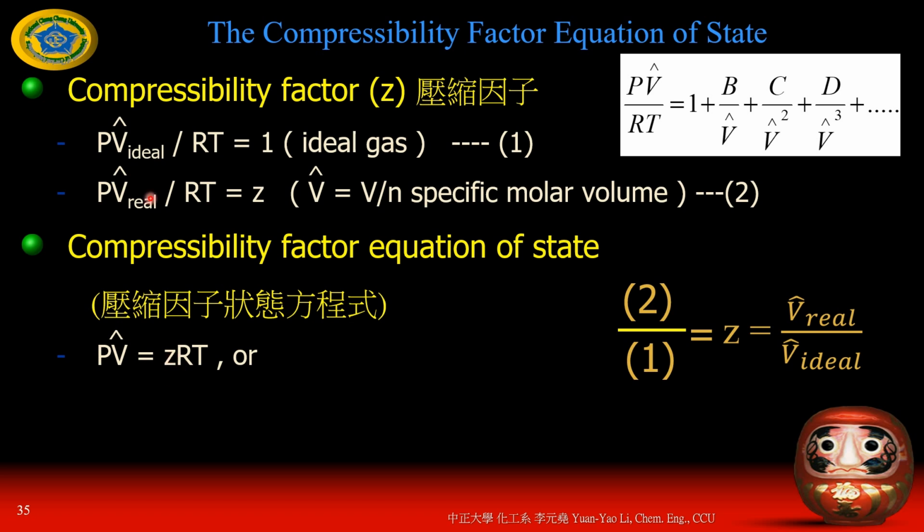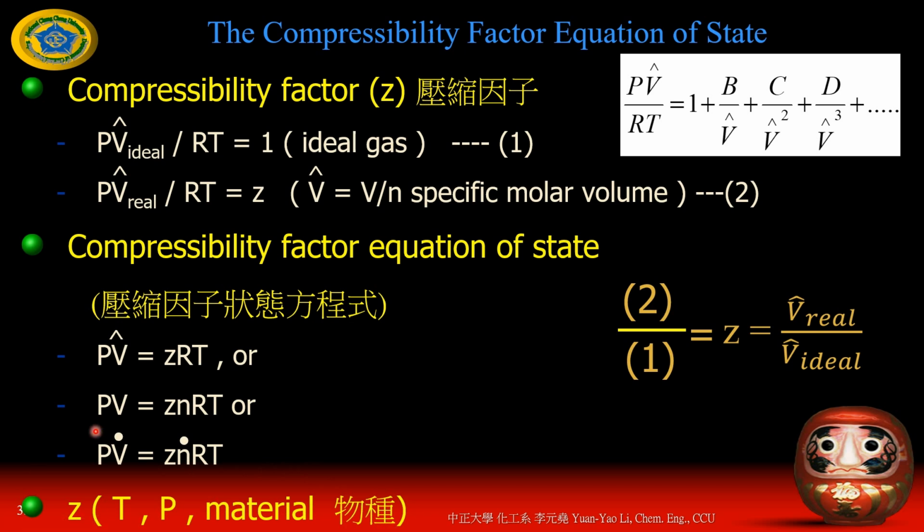And if you want to remove the over n here, you can write down PV equal to Z nRT. Or if you divide it by time, the volume becomes volumetric flow rate, the mole becomes molar flow rate here. You can write V dot equal to Z n dot RT. These can also be applied for this compressibility factor.